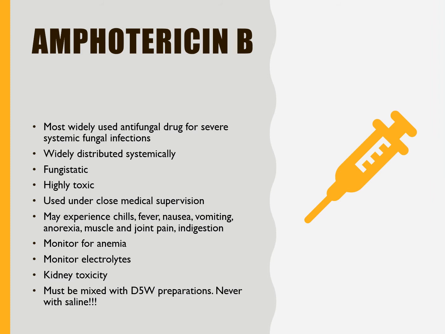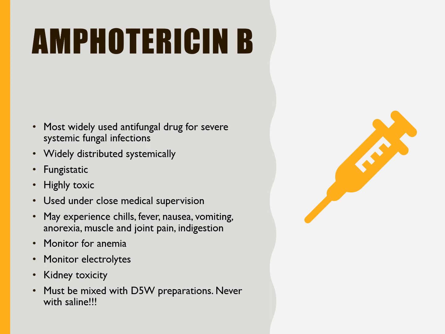The potency of amphotericin B has made it the most widely used antifungal drug for severe systemic fungal infections. We use this only for very severe infections, okay? It's widely distributed throughout the body.